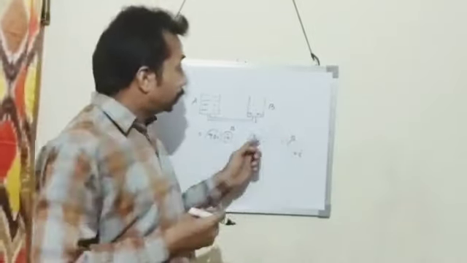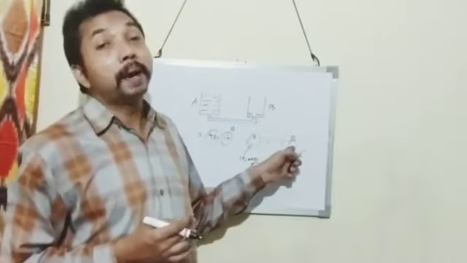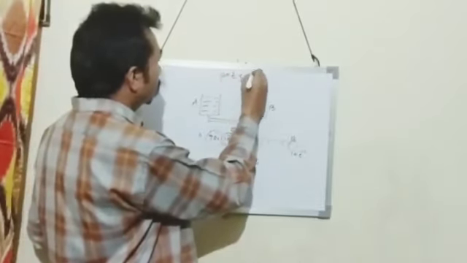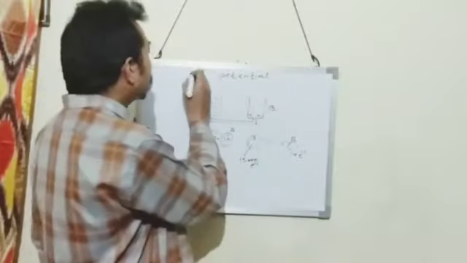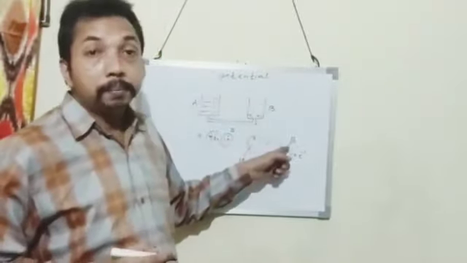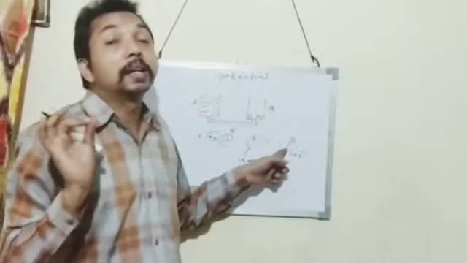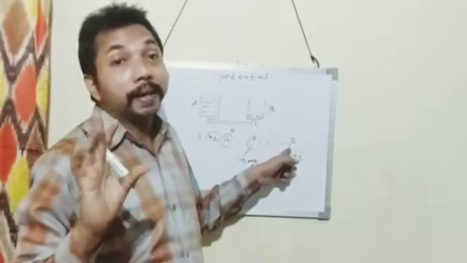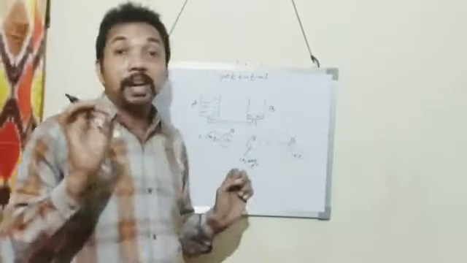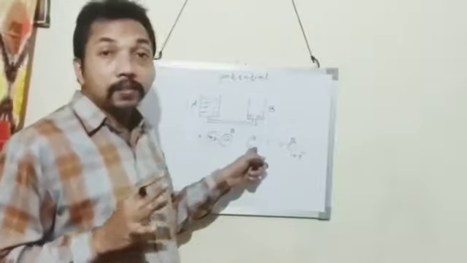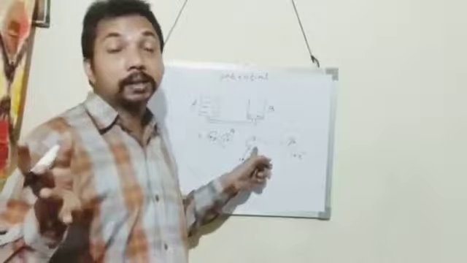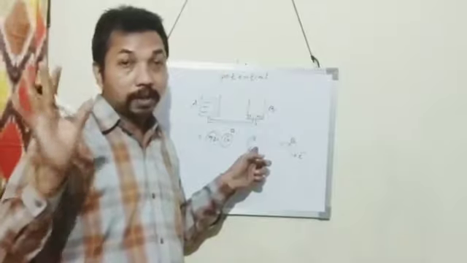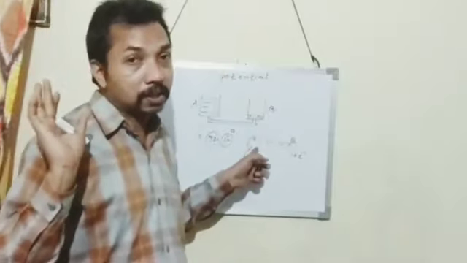If A and B have the same number of electrons, then we say that they have the same electric potential. In that case, if the bodies have the same electric potential, there cannot be any flow of electric charge.